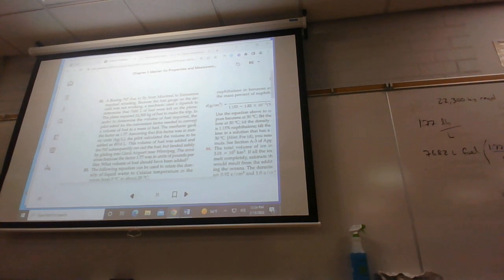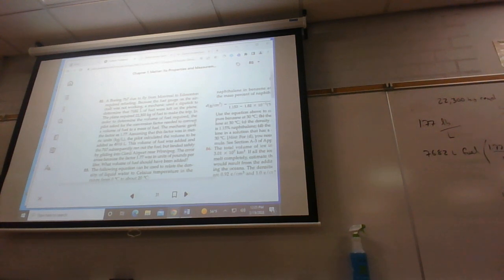That gives us pounds of fuel. Once we get pounds of fuel, we'll calculate the liters of fuel using that weird density, 1.77 pounds of fuel per liter of fuel. So take the kilograms times 1,000, divided by 453.6, divided by 1.77.